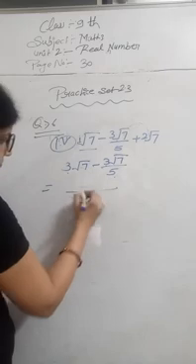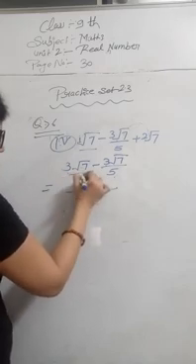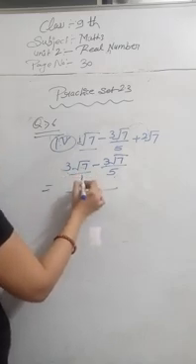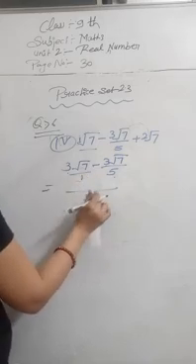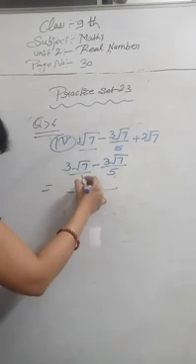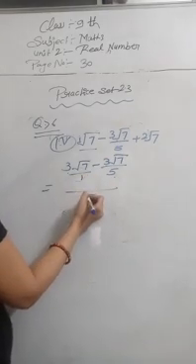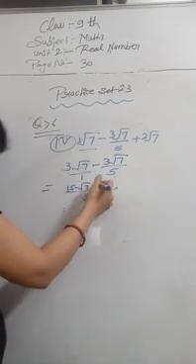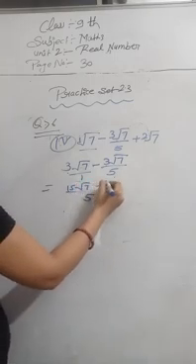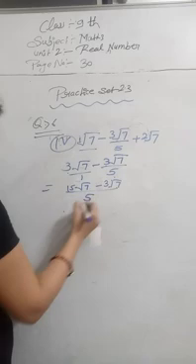do the LCM, 5. If here is nothing, we will assume here is 1. Okay, so LCM is 5, and 5 ones are 5, 5 threes are 15, root 7 as it is, and 3 root 7 by 5.